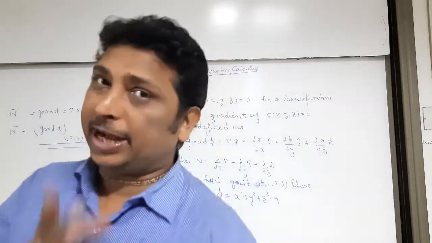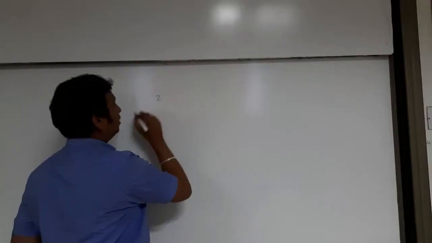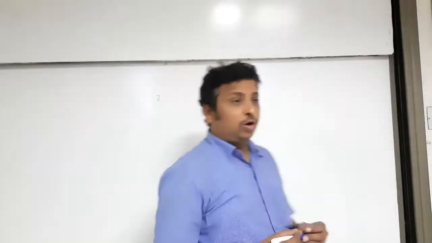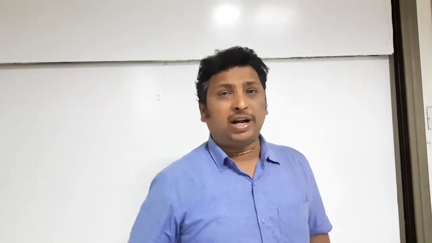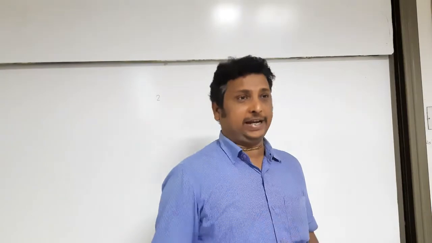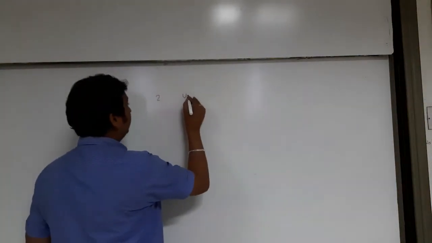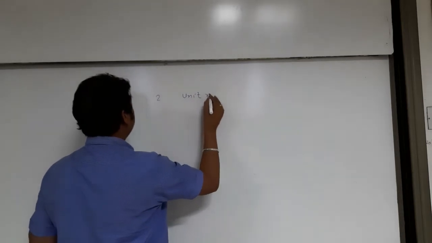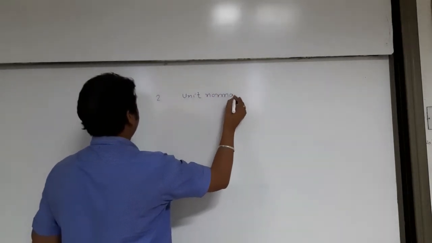Now the second property. Already we know the normal vector on a given surface is the gradient. The second property is the unit normal vector.